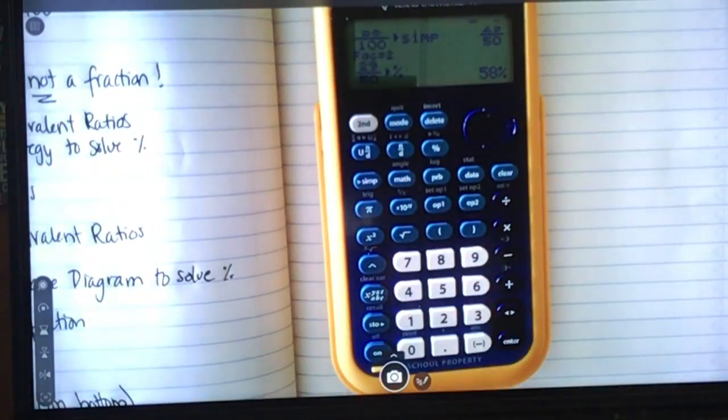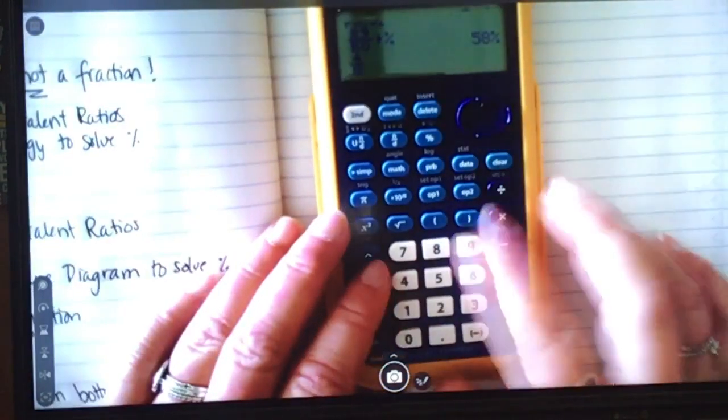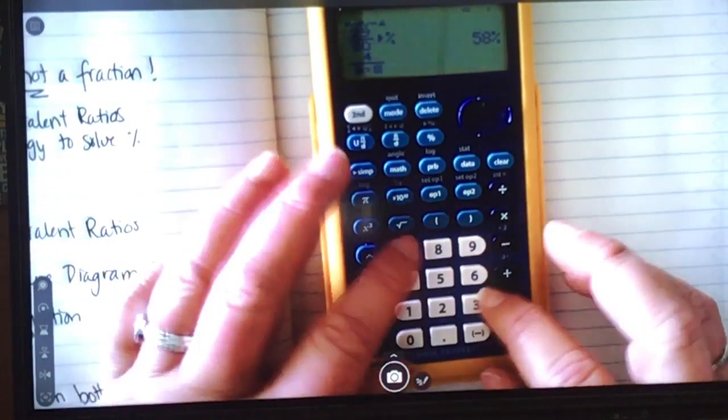So hit, I was doing this. Oh, you've got to push out of the fraction. Yeah, so hit the over button, then hit second, and then percent. You have to get out of your fraction and your mixed number in order to do anything. Let's say we're at 4 ninths times 7, what just happened?